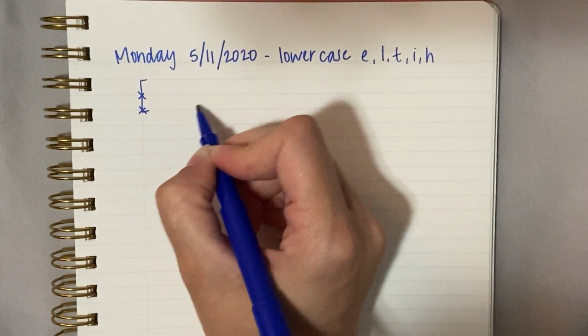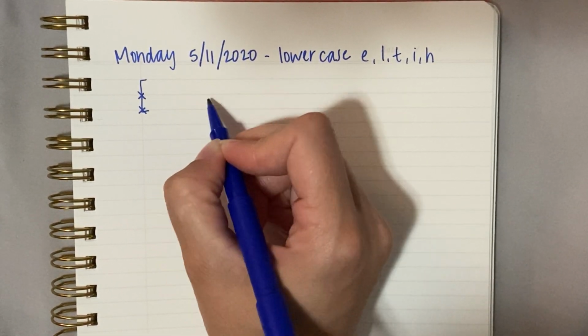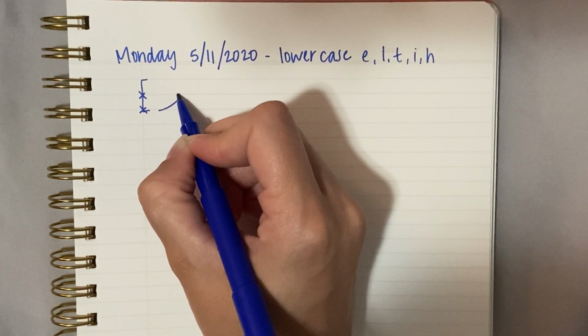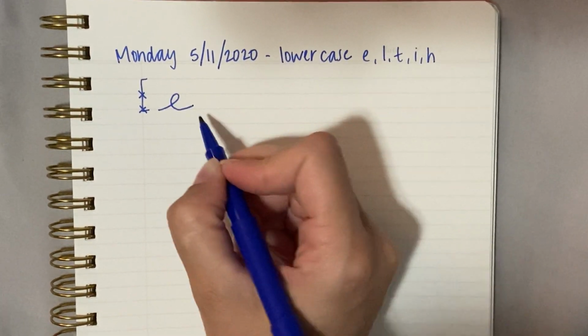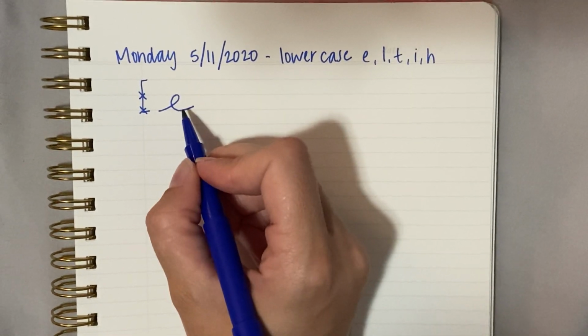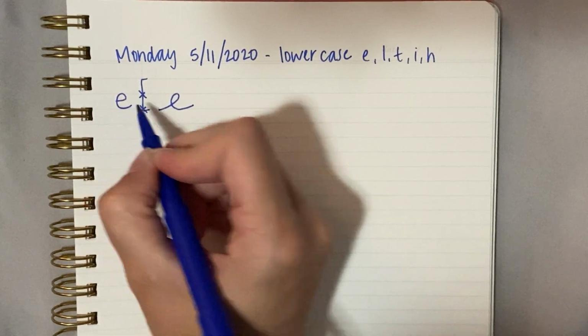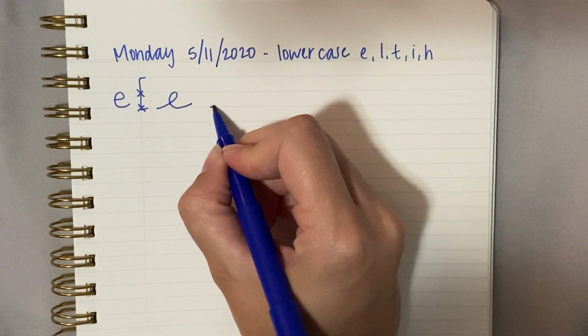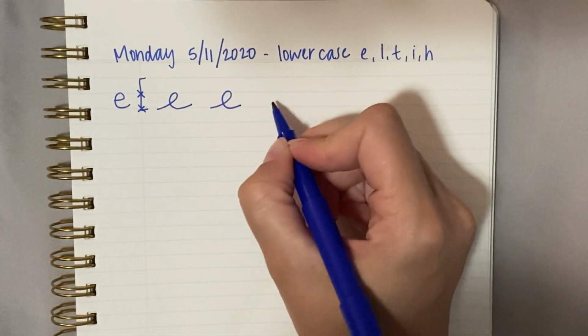Okay, our exit is the line that we make on the way out of the letter. So I'll show you. Start at the baseline, go up to the midline, and then swoop. And that's our exit. So it kind of looks similar to an actual lowercase e if we were to put them together. So again, you just come up and swoop.